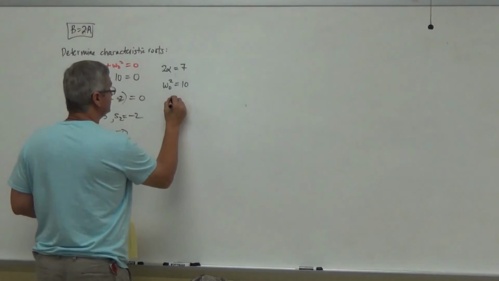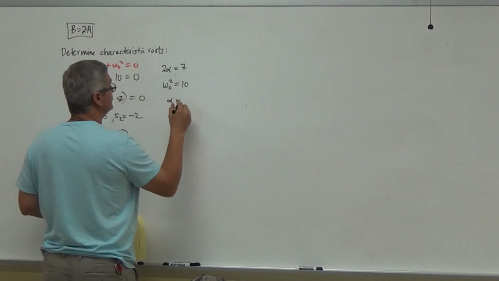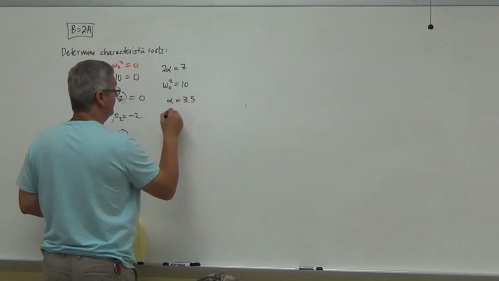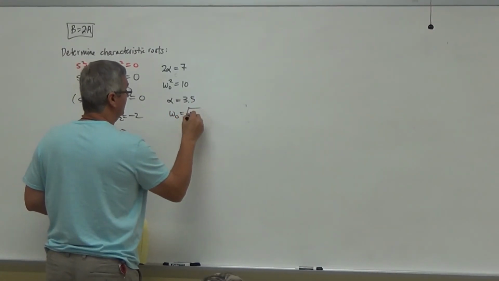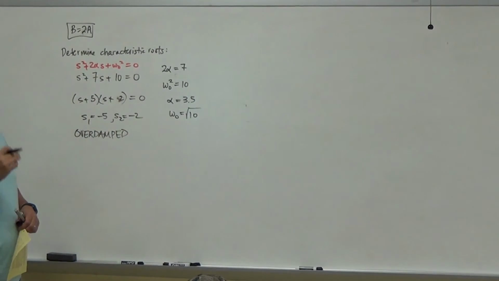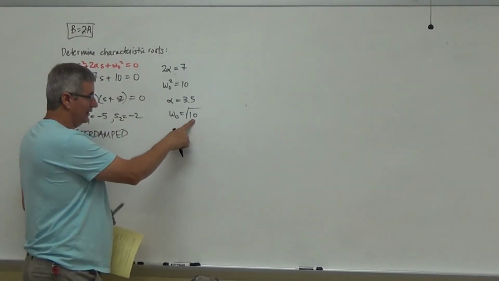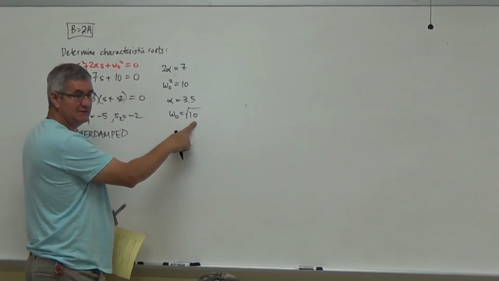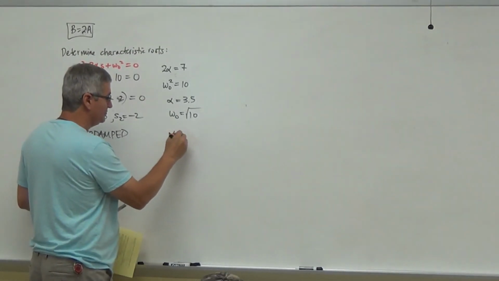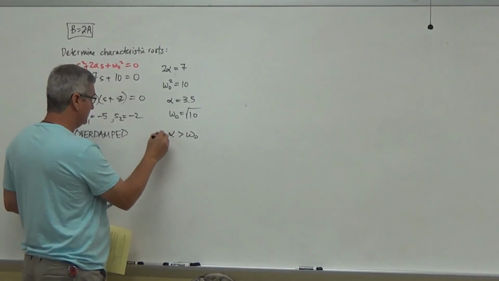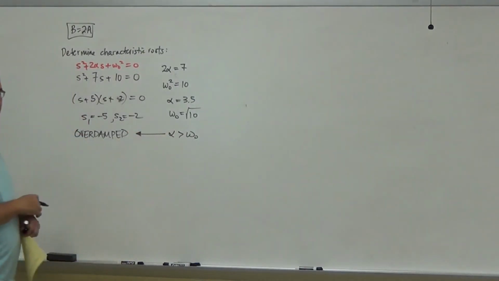So alpha is equal to 3.5, omega naught is the square root of 10, and that has to be less than that, right? Because this has to be just a tiny bit above 3, which tells me that alpha is greater than omega naught, which then tells me overdamped.